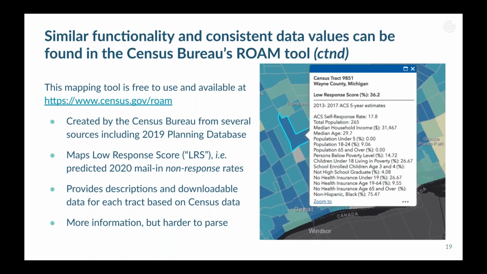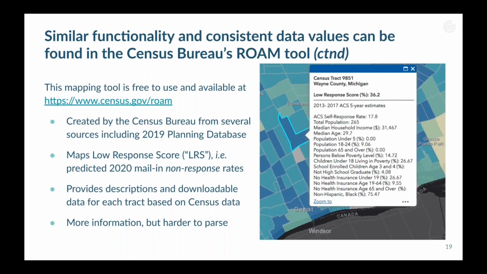And instead of plotting the 2010 response rates, that's the self-response rates, it uses the Census Bureau's LRS, or low response score, which is a predicted measure of the 2020 self-response rate. That's a large salient difference between the ROAM tool that the Census Bureau provides and the CUNY hard to count map.